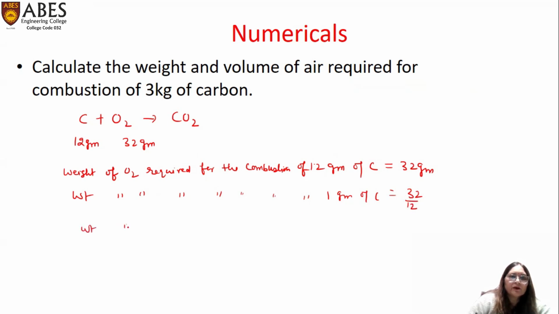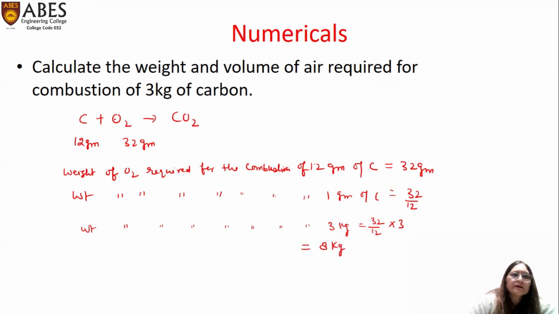Weight of oxygen required for the combustion of 3 kg of carbon is 32 divided by 12 into 3, which is 8 kg.